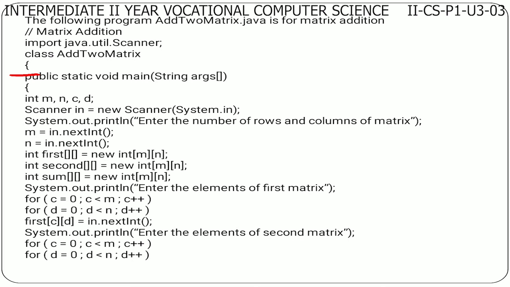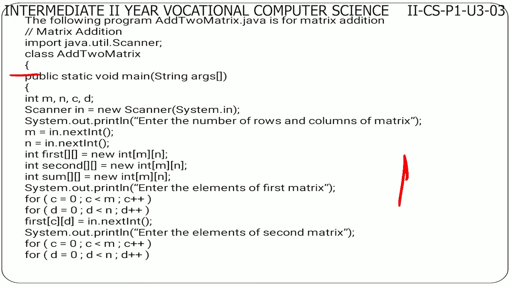Next, System.out.println("Enter the elements of second matrix"). Now I am reading the values for the second matrix. Same, I am using for c = 0; c < m; c++, for d = 0; d < n; d++.